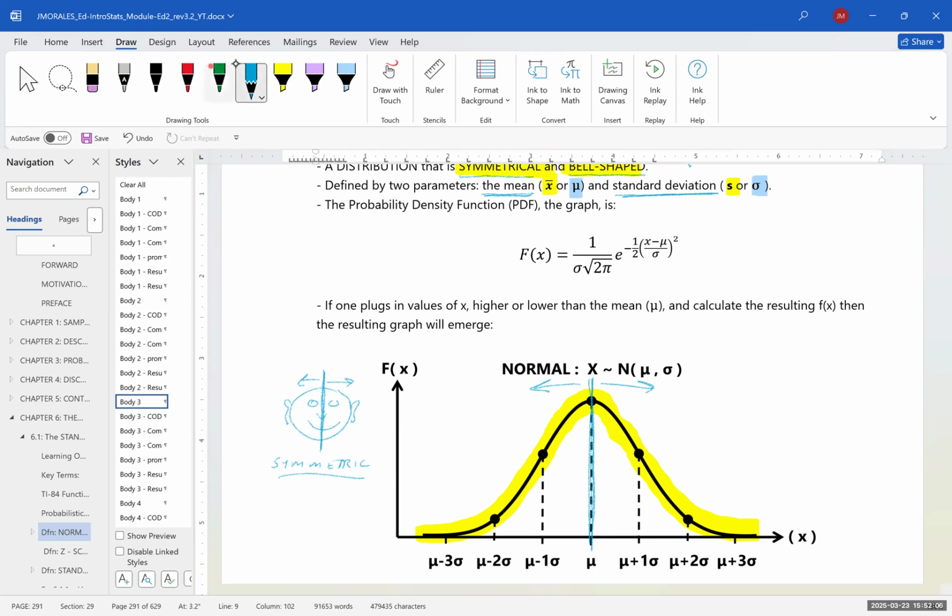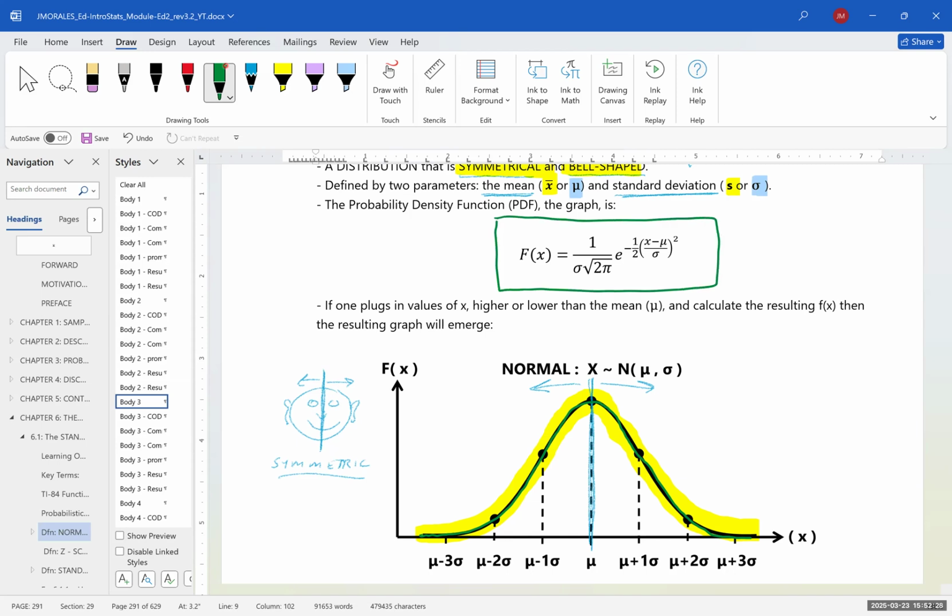Now, this line that is the normal distribution shape, that I'm drawing here in green, there is a mathematical equation that defines that shape. And that's what this equation is here.